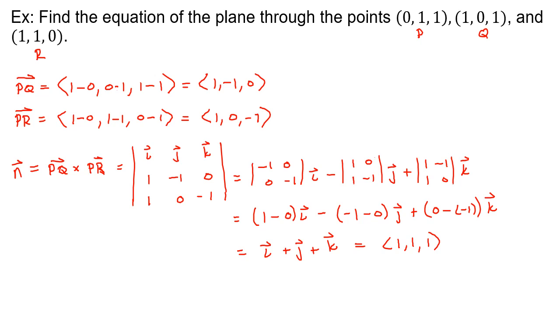I need a normal vector and a point in the plane. That's all I need. I actually have 3 points in the plane. So which one do you pick? Truthfully, whichever one you want to. I'm going to pick the first one.